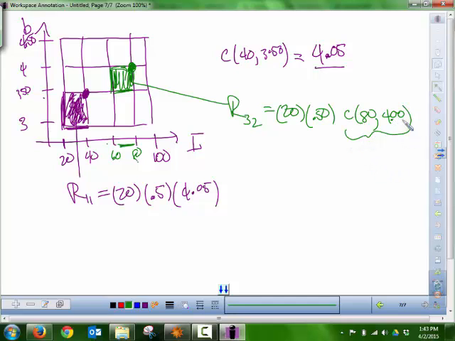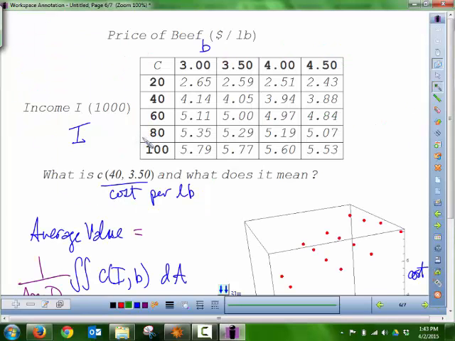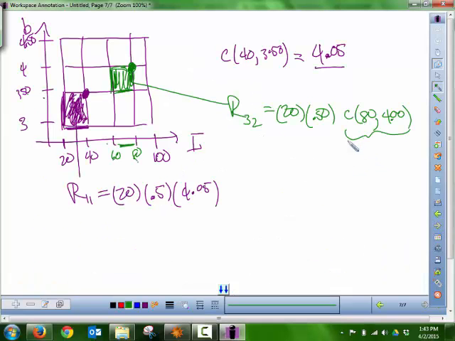So we need to figure this out from the table. 80 and $4 is $5.19. So that's the volume for the rectangle 3, 2.